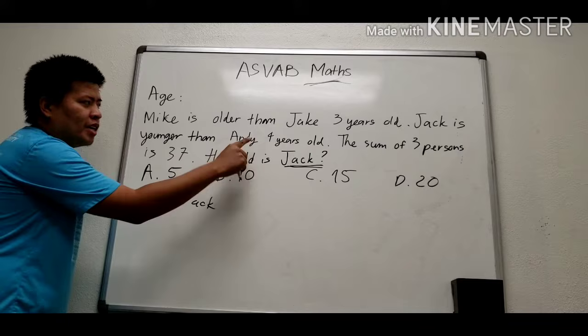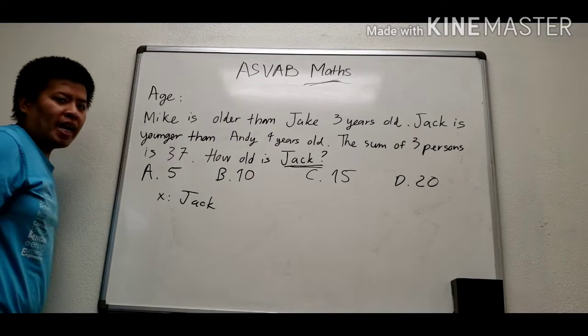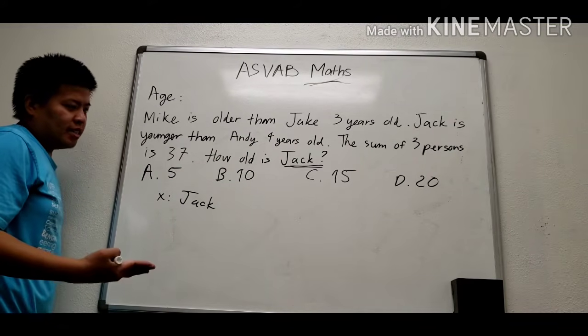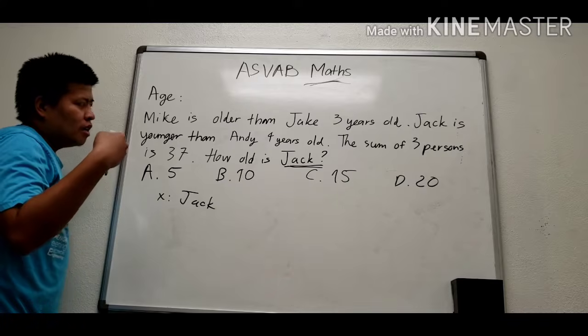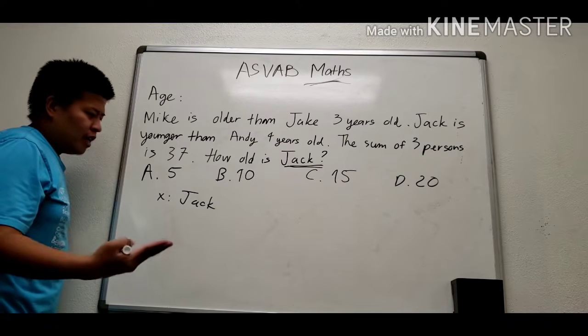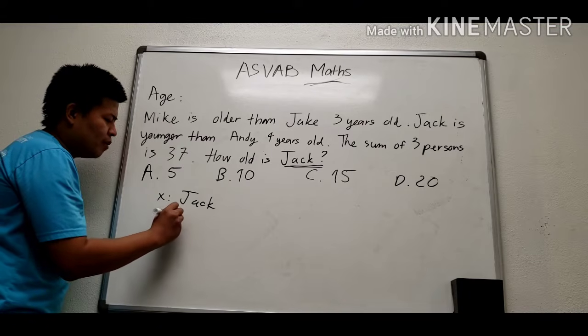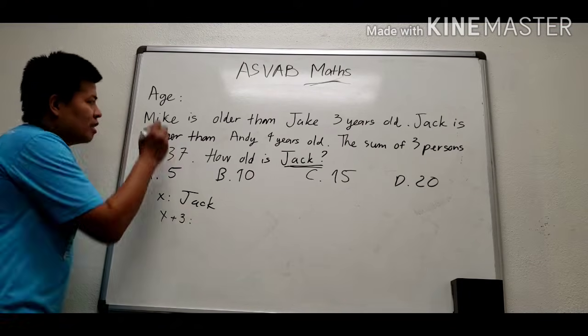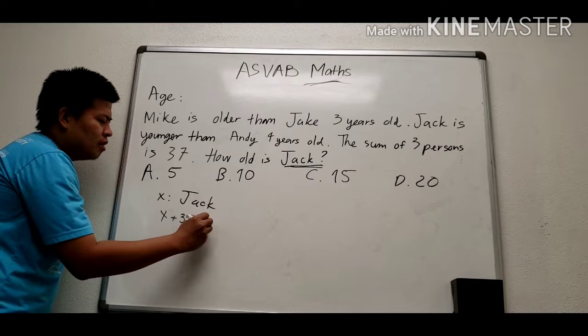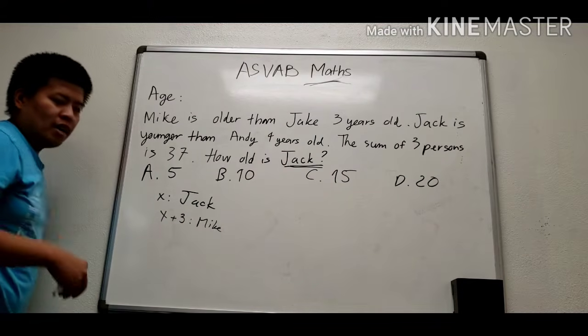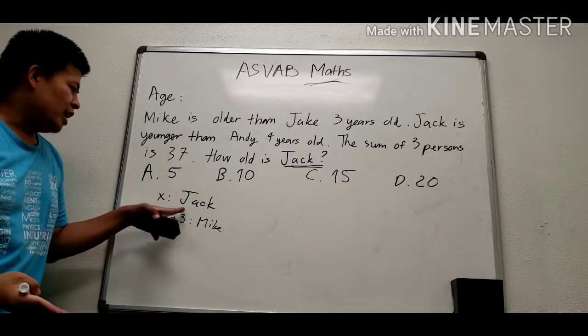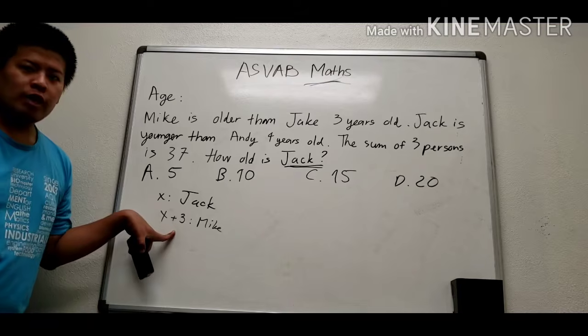So let's do another thing. Mike is older than Jack. Jack is, he's older than Jack by 3 years. So we have S plus 3. Let's see about Mike. Because Mike is older than Jack, we have S plus 3.